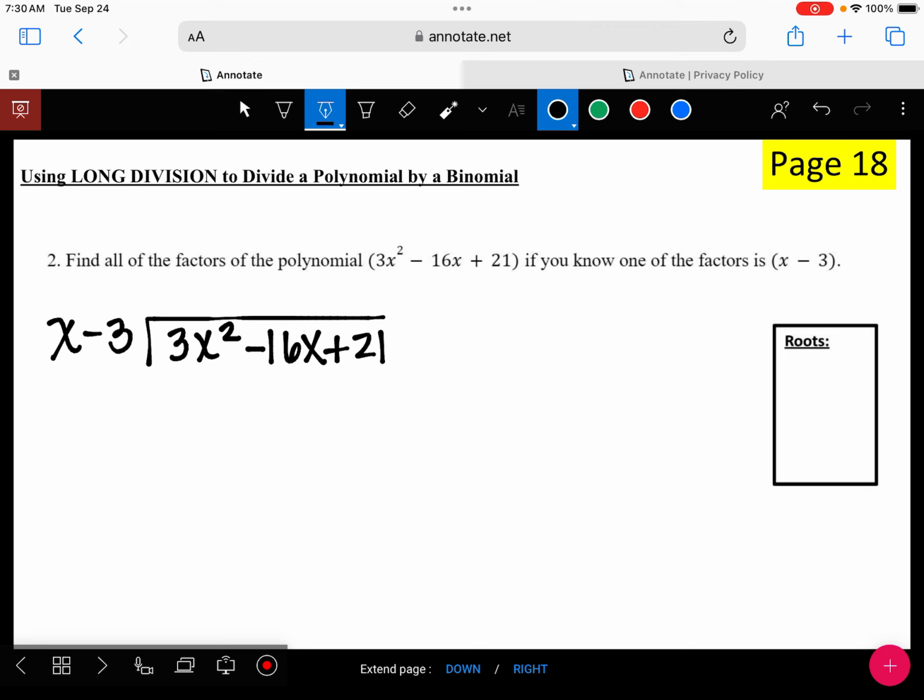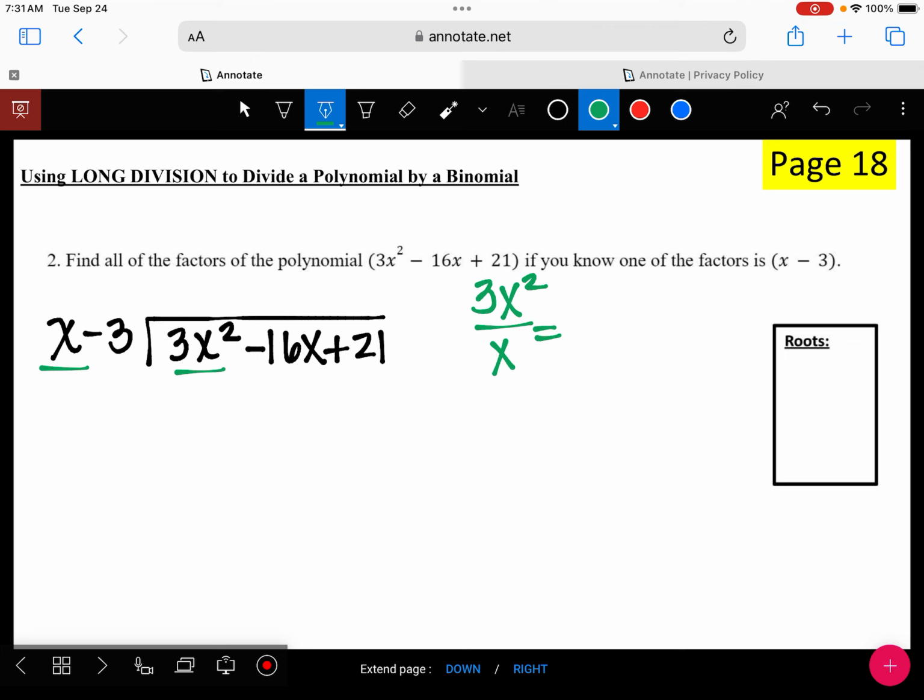So we always start off by dividing. So we're going to divide this by this. So off to the side, take your 3x squared and divide it by x. What do you get when you take 3x squared divided by x?